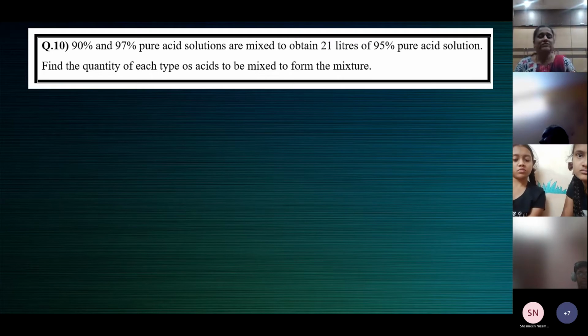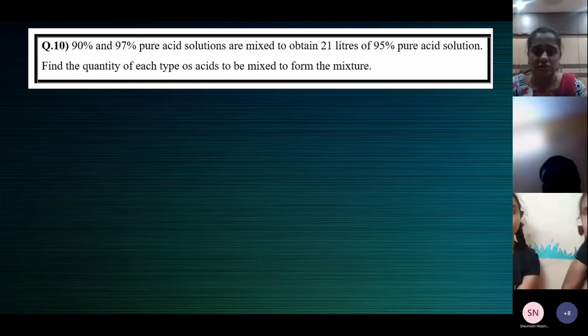Supposing you're mixing 10 liters of the first one and 11 liters of the second one, you get 10 plus 11, 21 liters. Net solution, 21 liters. Or maybe you take 14 liters of the first one and 7 liters of the second one. So 14 plus 7, 21 liters. Final solution, 21 liters.